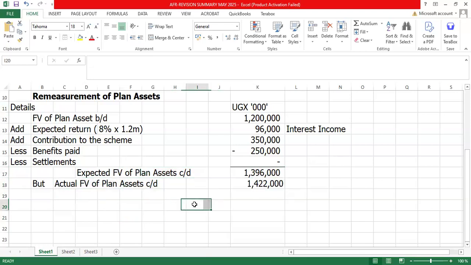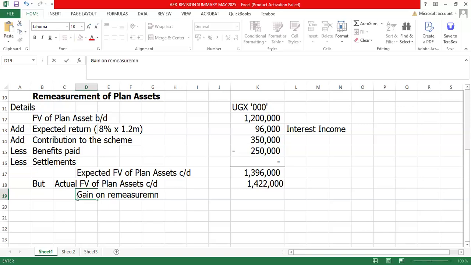It's supposed to be a gain. So you expected this, but now your assets, an increase in an asset, that is a gain. Increase in liability, that is not a gain. It's a loss. So here you have a gain on remeasurement.